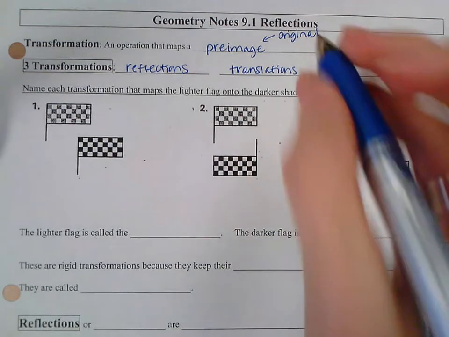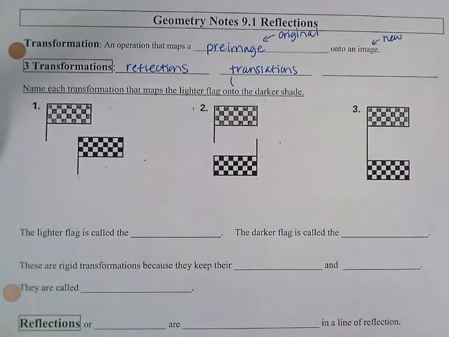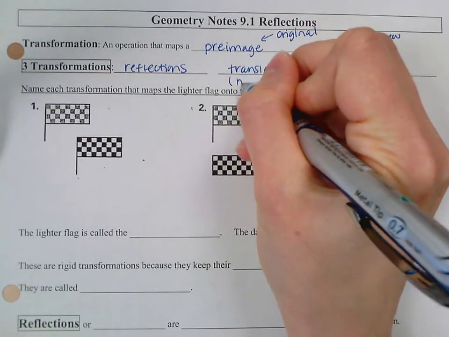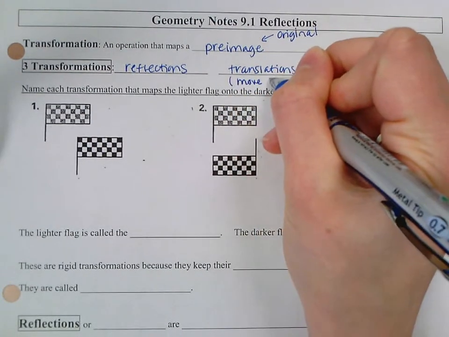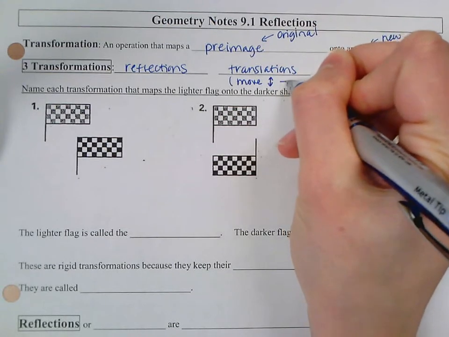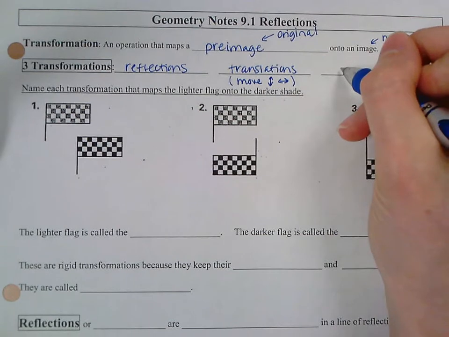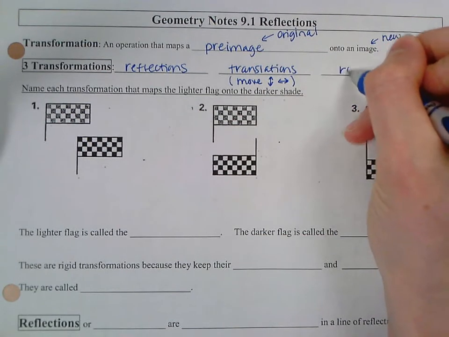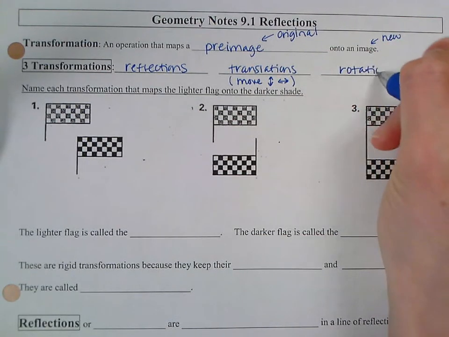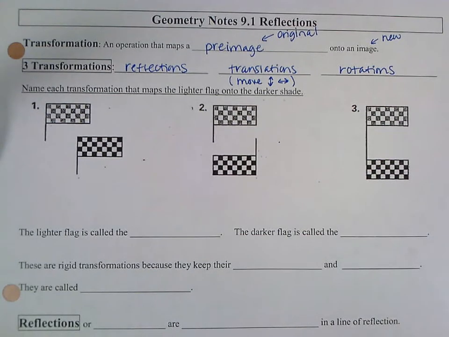A translation is you are actually moving a figure, so this would be where it moves either up or down, left or right. And then we have rotations also. So if you're rotating something 90 degrees or 180 degrees, rotating it about a specific point.